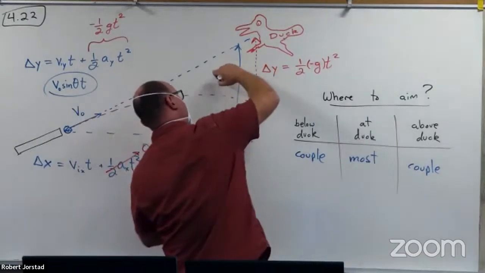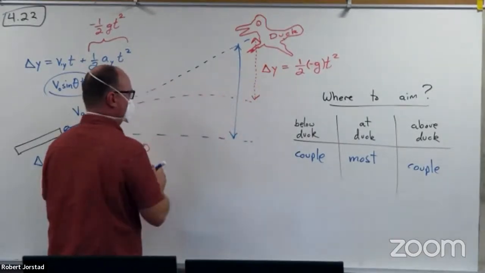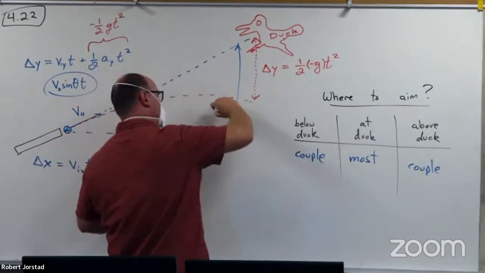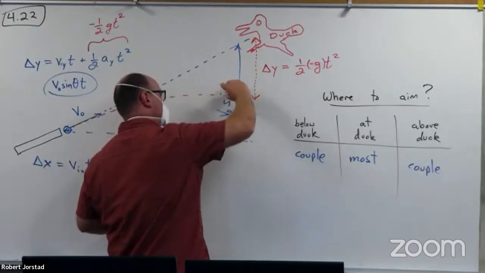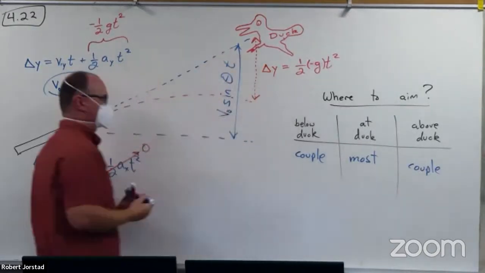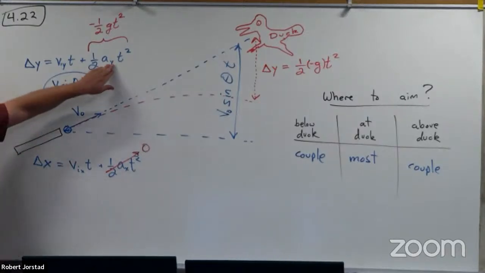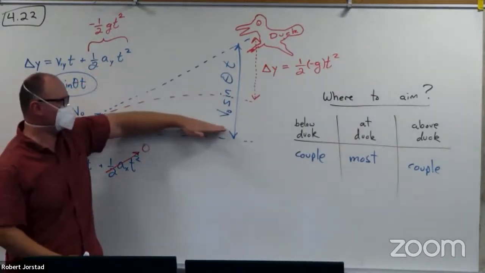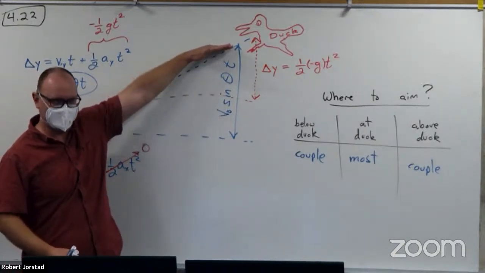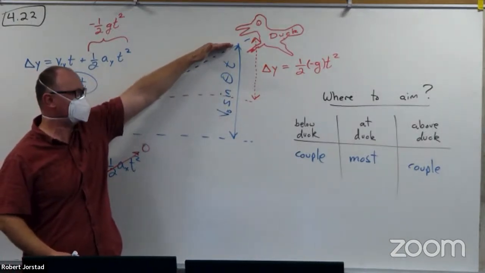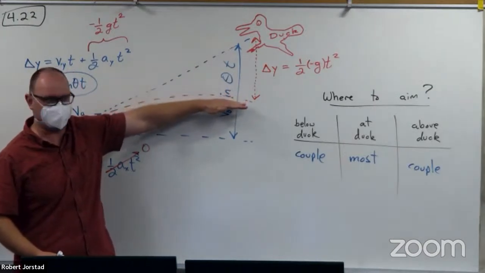That is, let me rephrase. This is like that. The idea is if there's no gravity, this term would be gone. The displacement would be v0 sine theta t. You add back in the gravity, it comes right back down just like the duck.